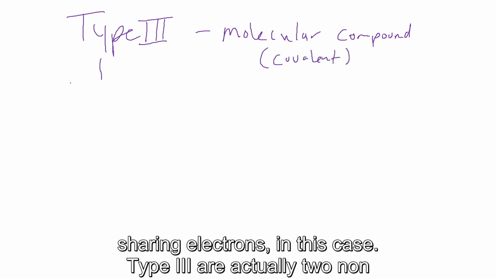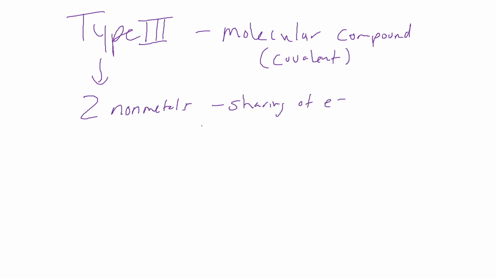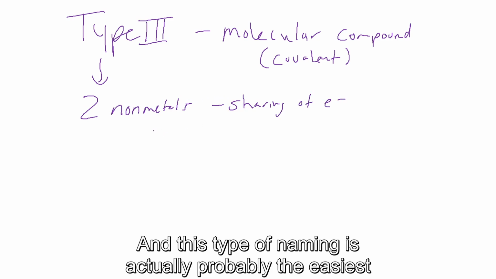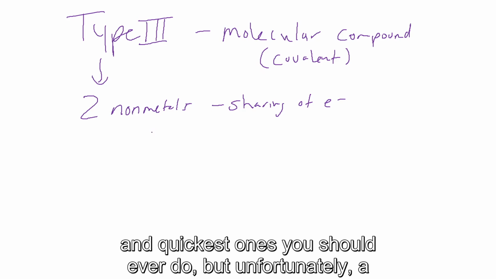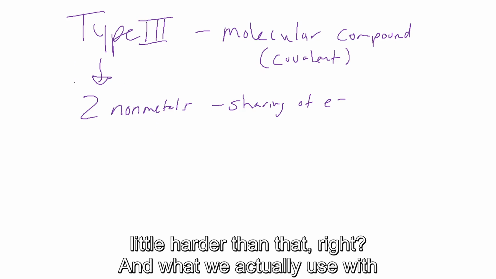Type 3 are two nonmetals together, and we actually do have sharing of electrons. This type of naming is probably the easiest and quickest one you should ever do. But unfortunately, a lot of people really do mess them up, thinking it's gotta be a little harder than that, right?